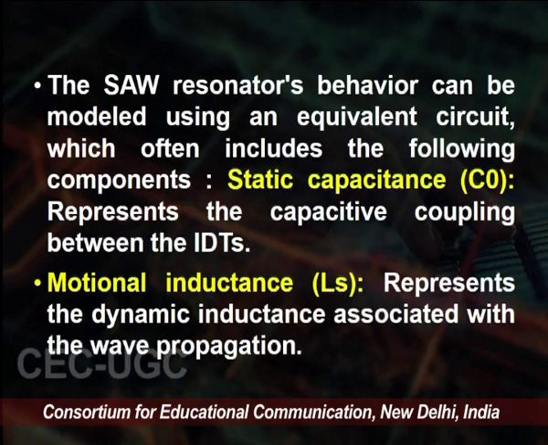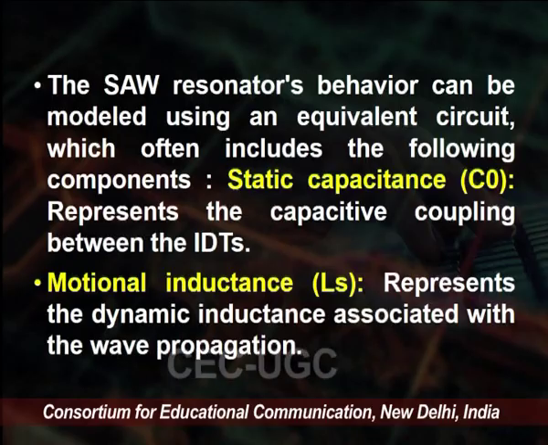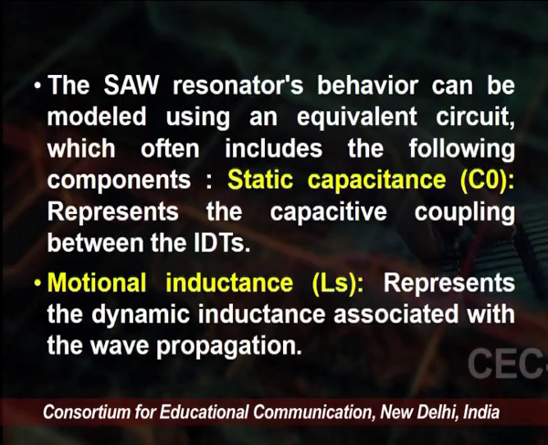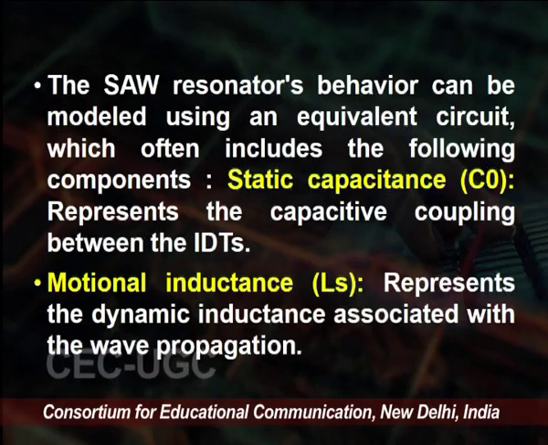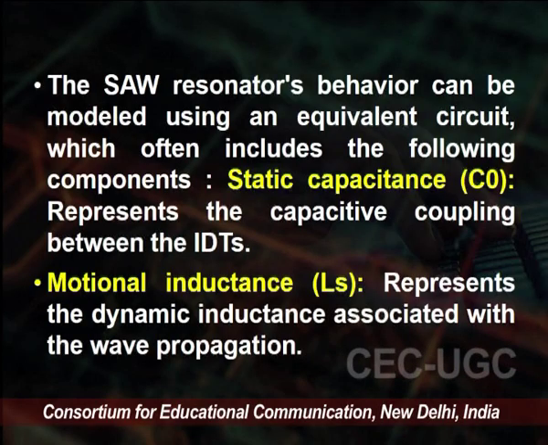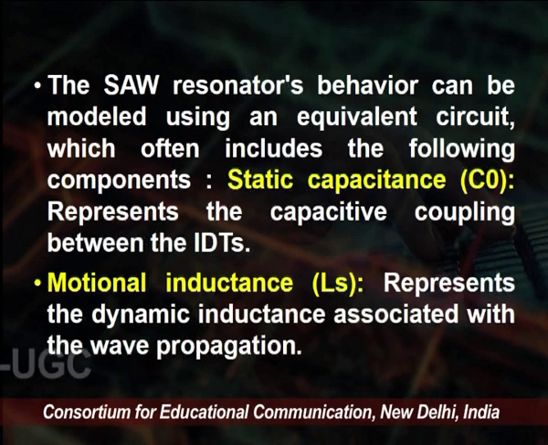Number one is the static capacitance, that is C0. C0 represents the capacitive coupling between the IDTs. Another is the motional inductance, that is LS, which represents the dynamic inductance associated with the wave propagation.